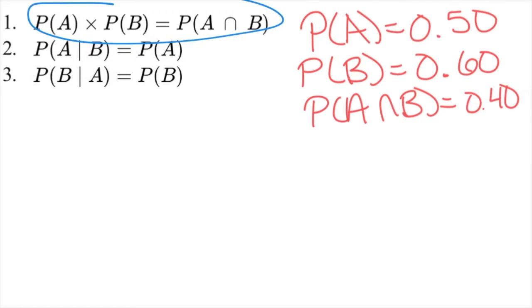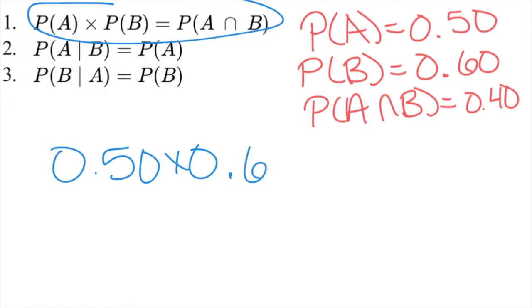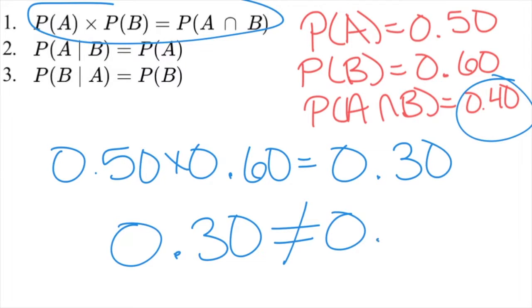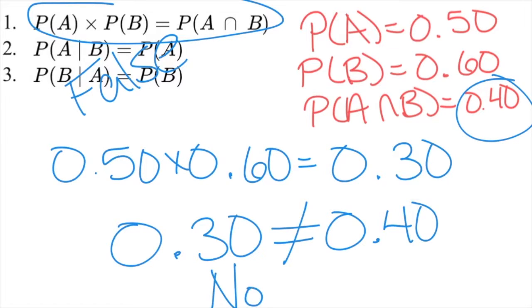So the probability of A times the probability of event B, in this case, is 0.50 times 0.60, which equals 0.30. 0.30 does not equal 0.40. So this statement is false. Remember, if one of these statements is false, they're all going to be false. These events are not independent.